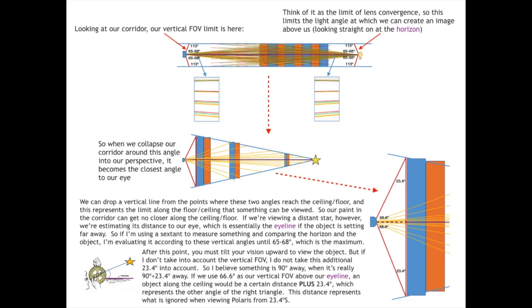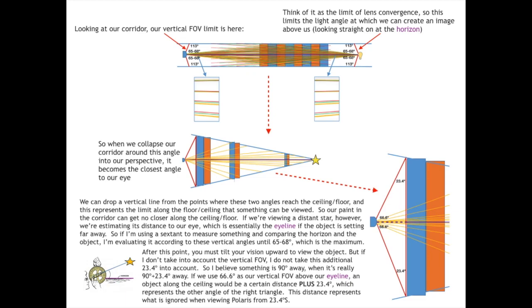So when we collapse our corridor around this angle into our perspective, it becomes the closest angle to our eye. In other words, it's the closest angle with which we can view those paint stripes, essentially. We can drop a vertical line from the points where these two angles reach the ceiling and the floor, and again, it limits the distance along the floor or ceiling that something can be viewed above or below us.